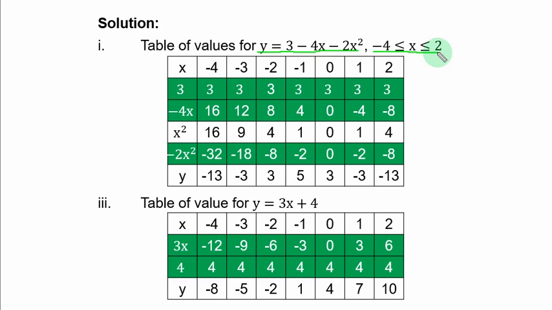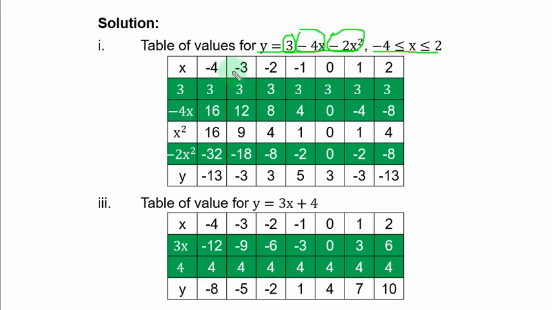For us to get y, outside the constant 3, we need to get -4s and -2s². When you add everything together, you get y values.